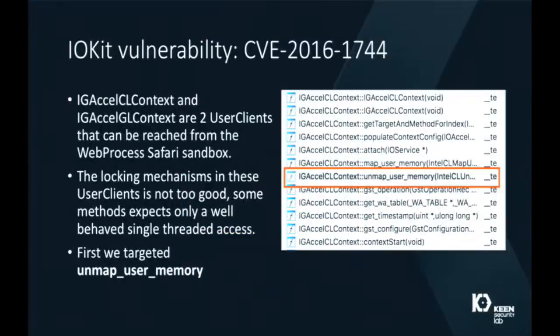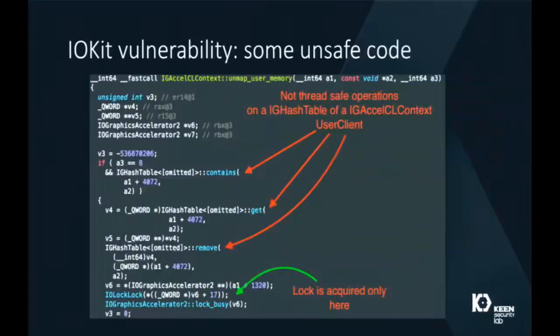So we have some race condition problem inside the unmap user memory. As you can see here, there are some operations performed on an EG hash table inside this external method. But as you can see, the methods on this EG hash table are called, three different methods sequentially, but the lock is acquired only after.